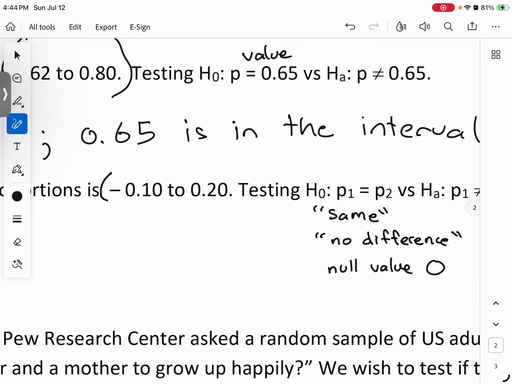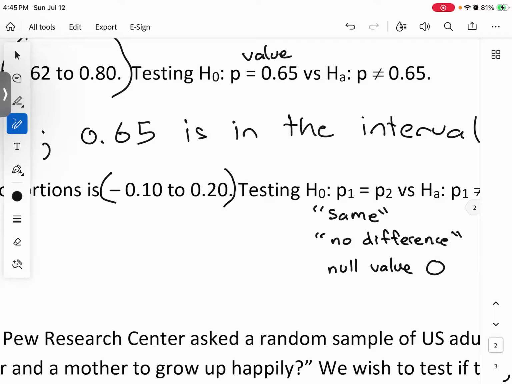And based on this interval, can we reject 0? Or is 0 plausible? Now, notice this one goes from a negative number to a positive number.